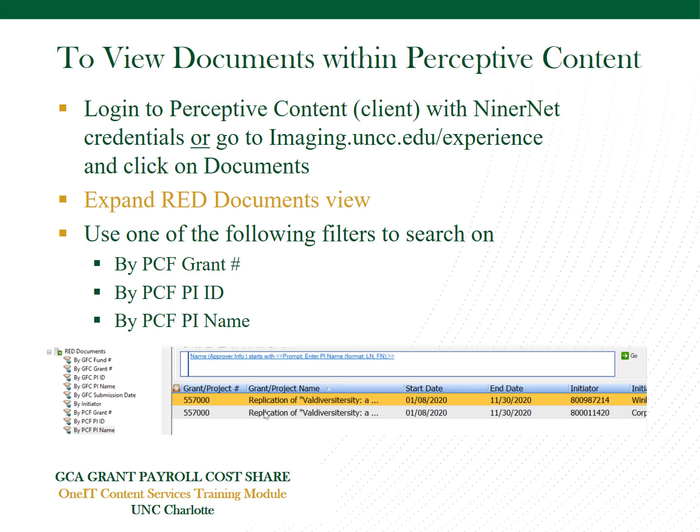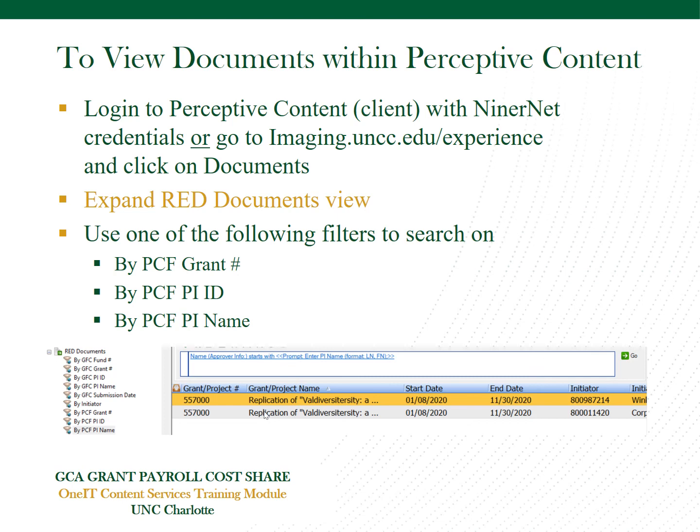So you can search by the PI name, the UNC Charlotte ID, or the grant number. Once documents populate over on the right in the grid, you would just select the item that you want by double clicking on it. Once you do that, it will open up and the document is available for viewing.